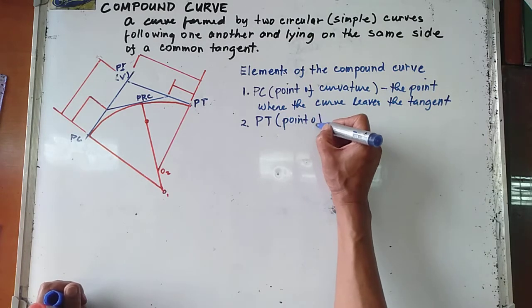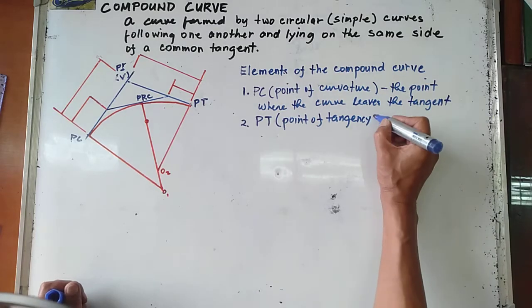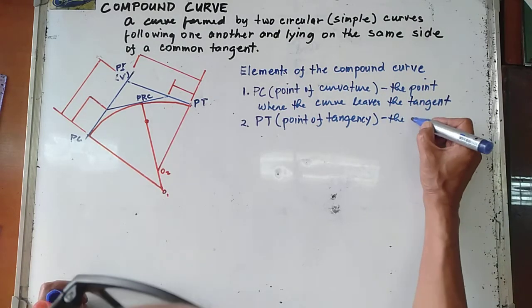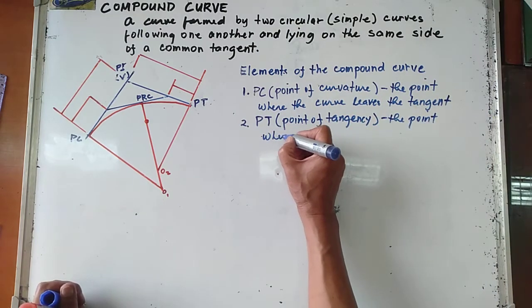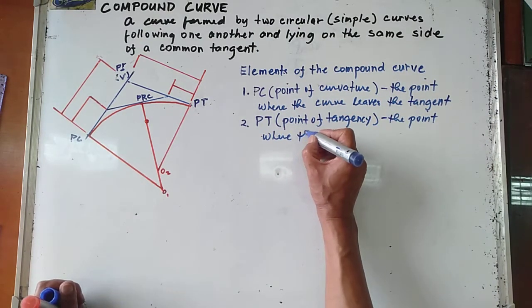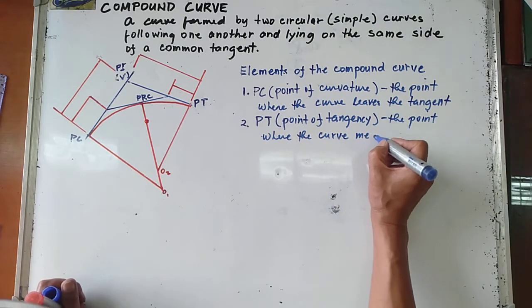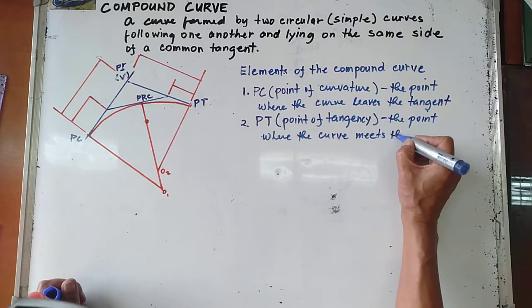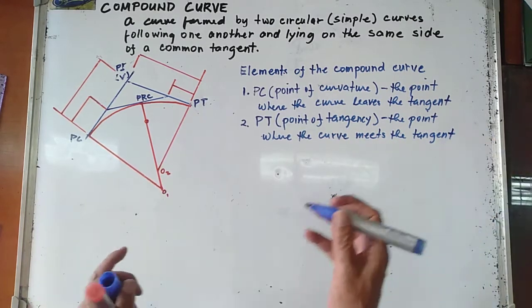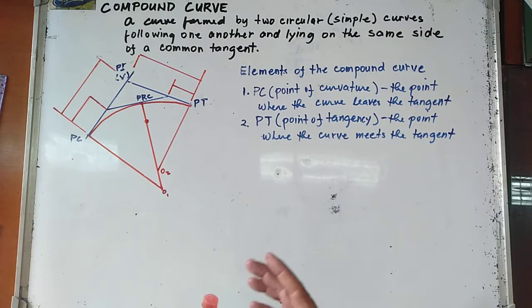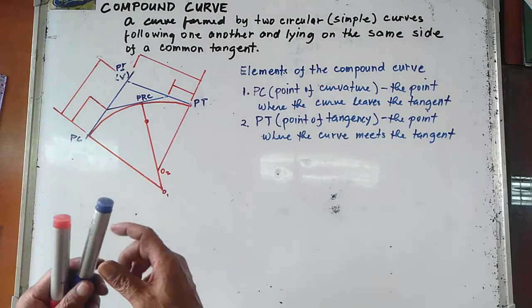Another element of the curve is your PT, which is known as the point of tangency. This point of tangency is the point where the compound curve meets the tangent.